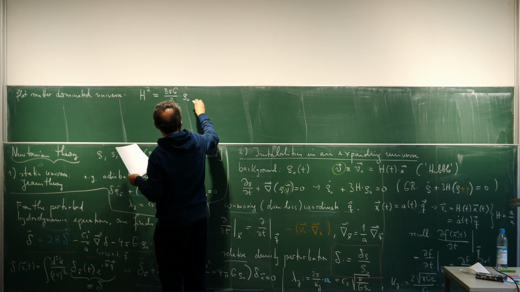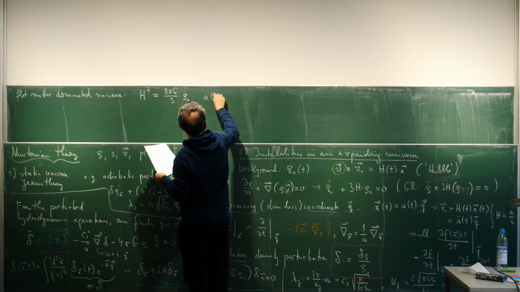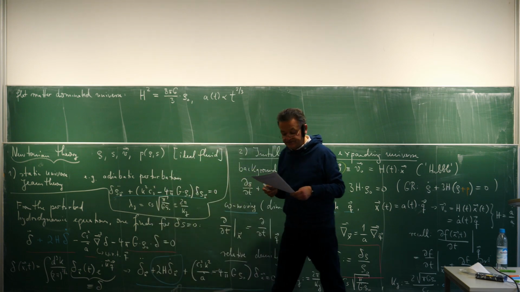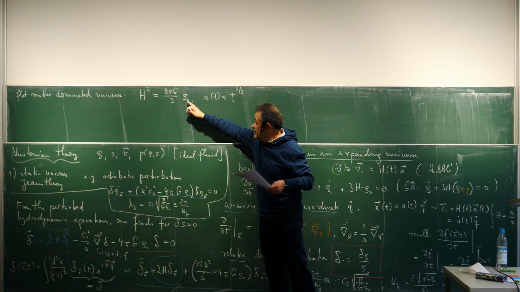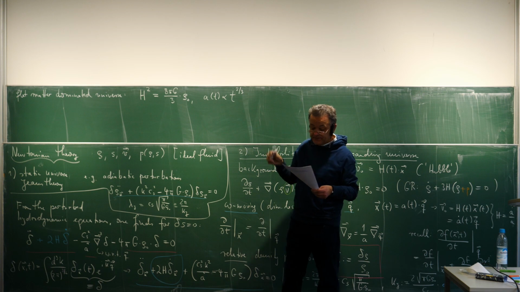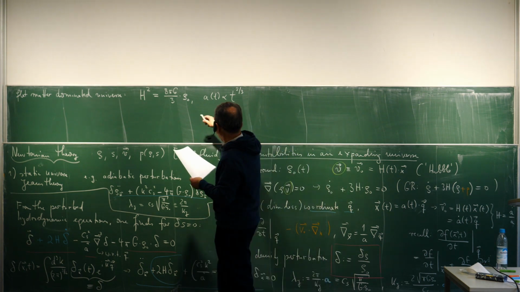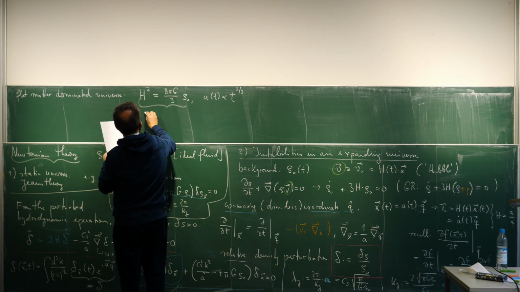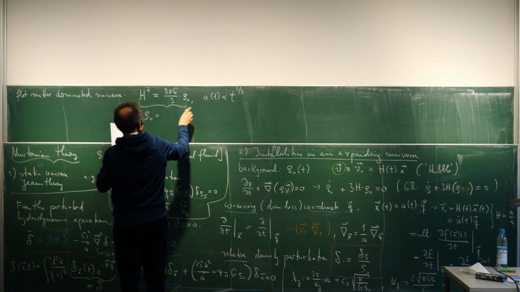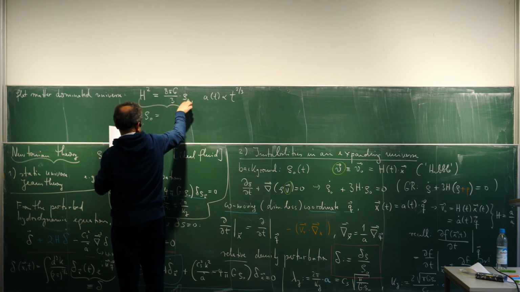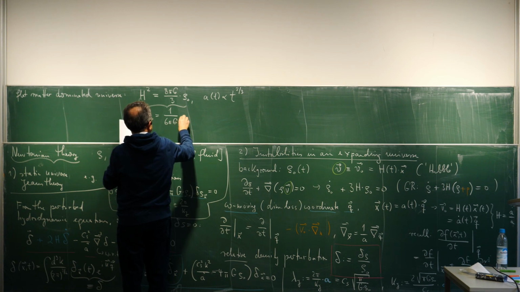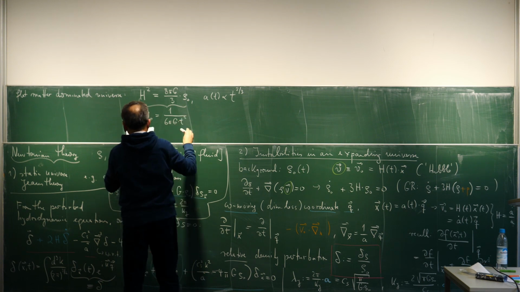And we know also that a is proportional to t to the 2/3, because this here is 1 over a cubed. So you get from this that ρ₀ is, if you insert this and use that it's 1 over a cubed, 1 over 6πG times t squared.